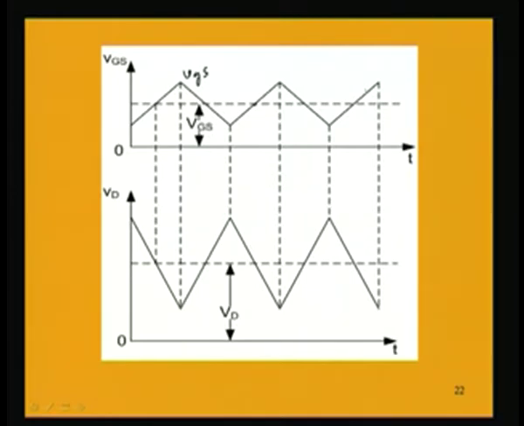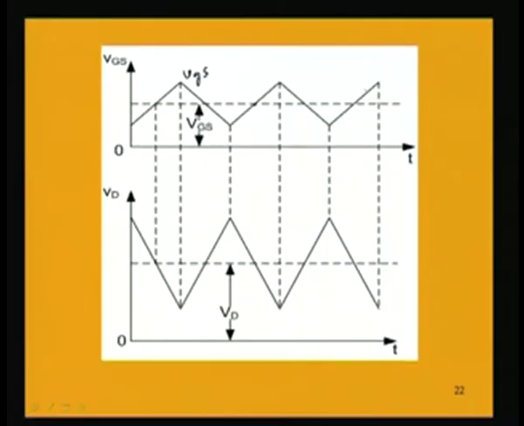Corresponding to that input voltage, what will be the voltage at the drain end? The instantaneous voltage at the drain, which is small v capital D. As shown here, it is 180 degree out of phase. When the peak of the gate to source voltage is appearing, the corresponding drain voltage will be having the negative peak.